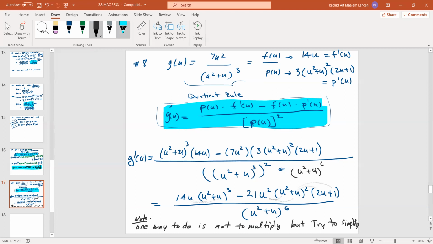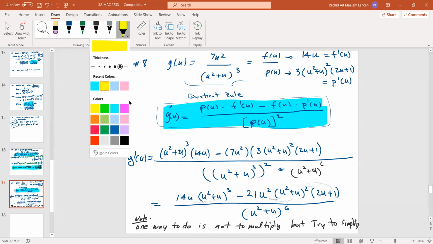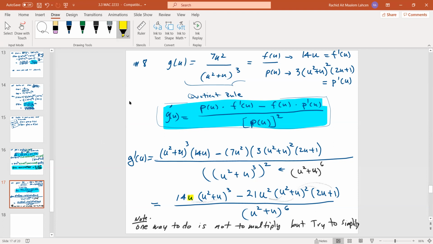And how do we simplify? Of course, we look: is there something to factor? Anytime we talk about simplify, we factor. If you see there is a u here and there is a u there, which means we can factor one u from these two. So we have two groups here, this group and this group. We look at what is common to factor between the two.